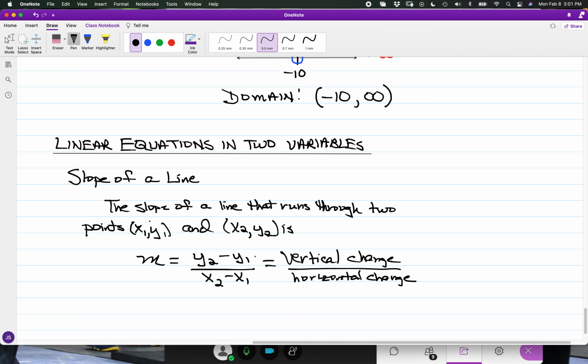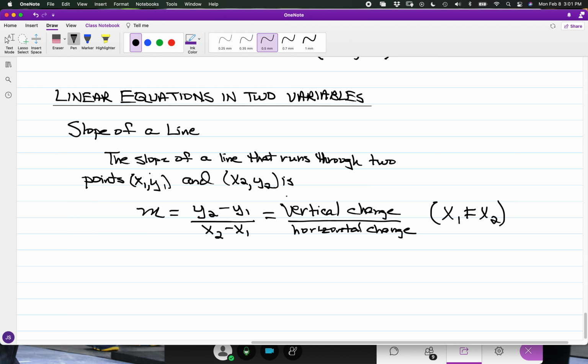And for x sub 2 minus x sub 1, for the slope to be defined, the bottom part cannot be equal to 0, for the slope to be a real number. And just some things to mention now: technically, x sub 1 and x sub 2 cannot be equal.